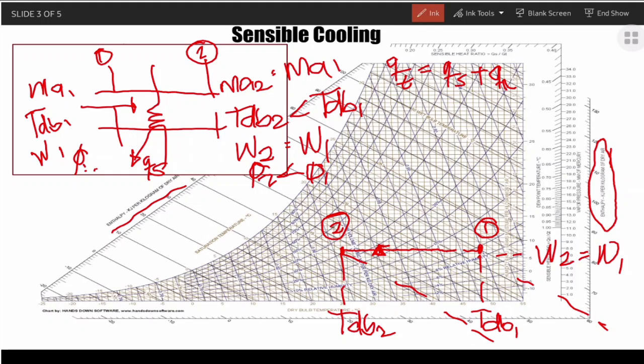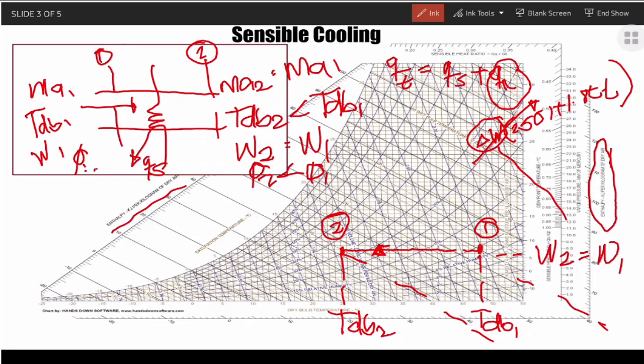Since there is no change in humidity ratio, because QL is associated with delta W times 2501 plus 1.86 times the dry bulb temperature, any number multiplied by 0 is equal to 0, because our delta W is 0.